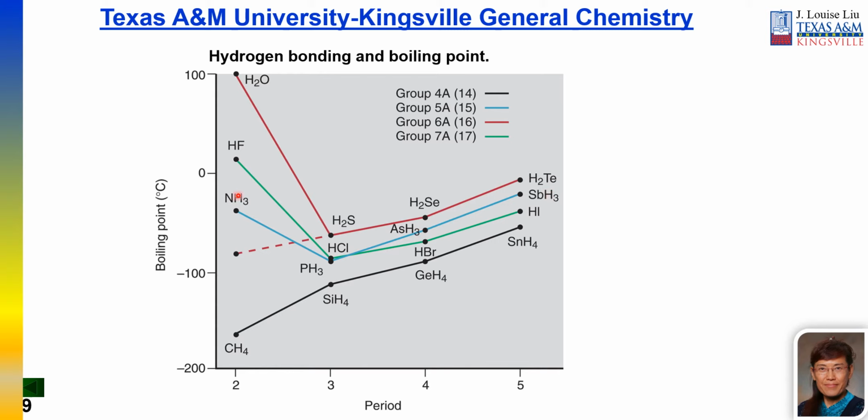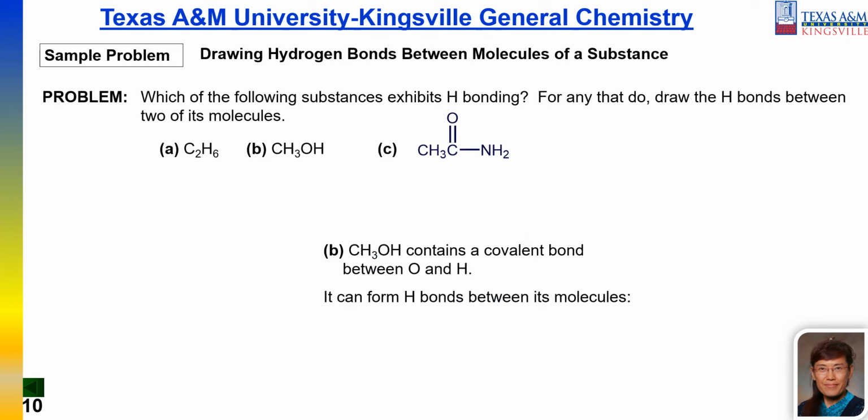NH3 forms hydrogen bonds, so the boiling point is very high. On the other hand, methane CH4, SiH4, GeH4, SnH4, these 4 molecules have no hydrogen bond formation. Therefore, the boiling point just follows the molar mass. The increase in molar mass results in an increase in boiling point.